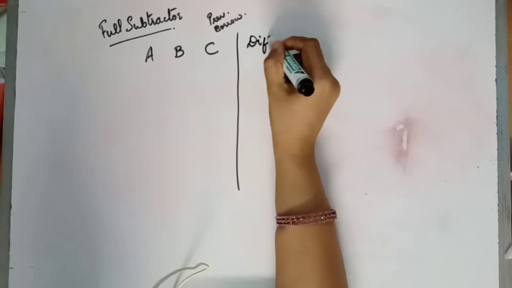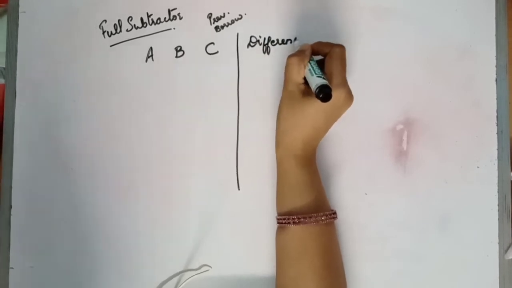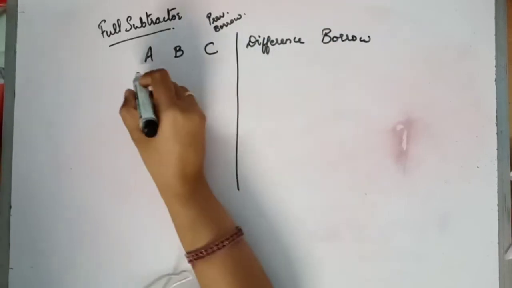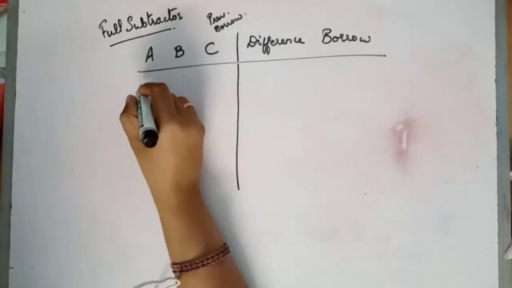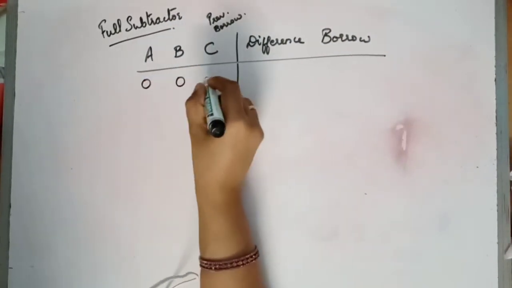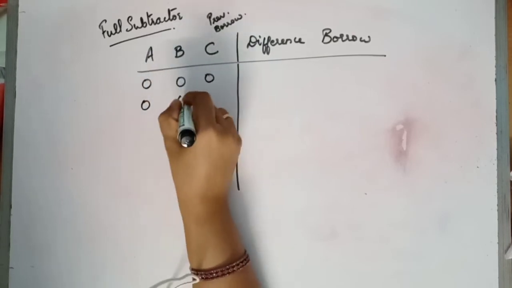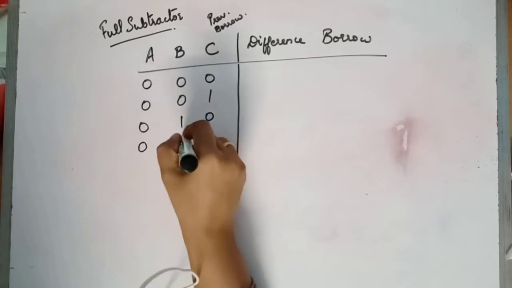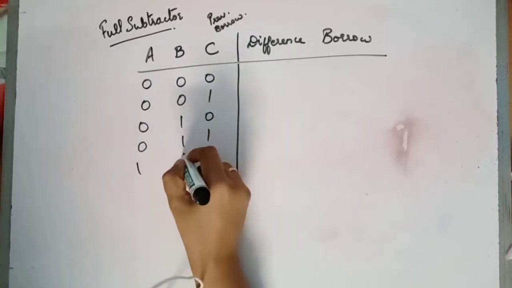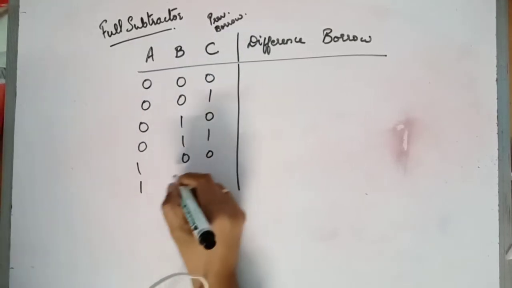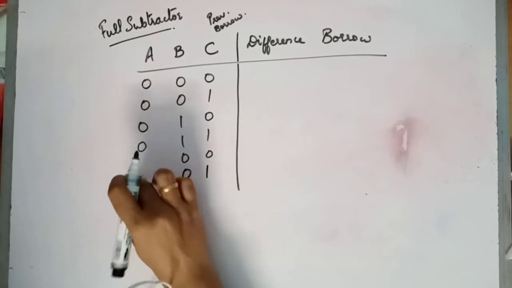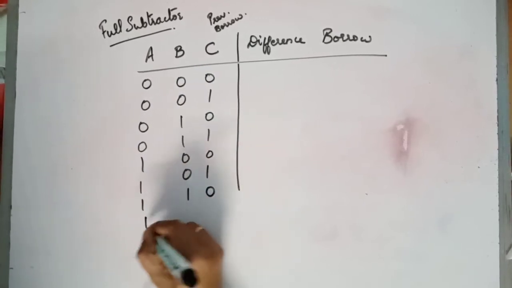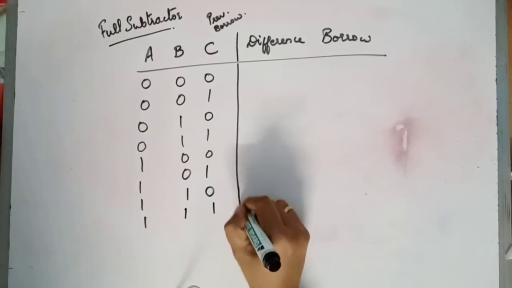Again, the output is difference and borrow. 3 inputs means 8 combinations: 0 0 0, 0 0 1, 0 1 0, 0 1 1, 1 0 0, 1 0 1, 1 1 0, 1 1 1.